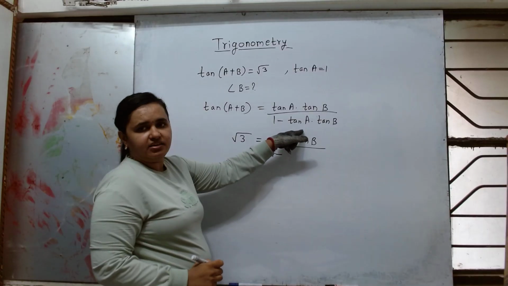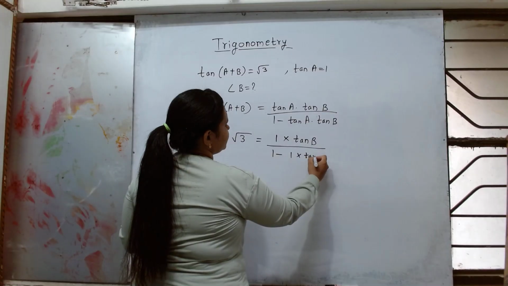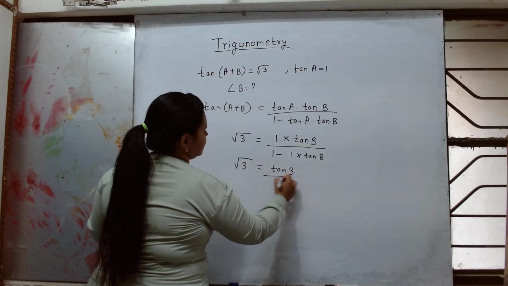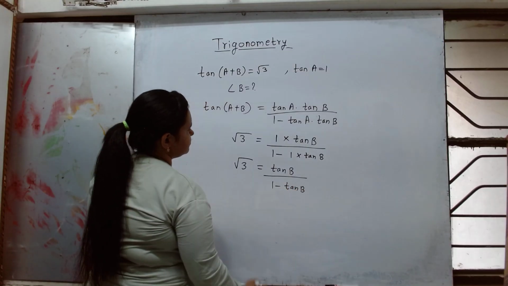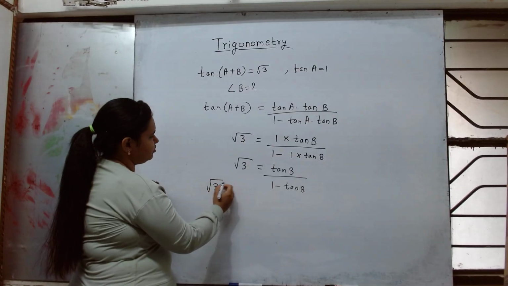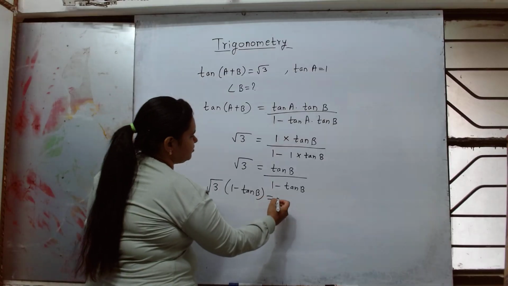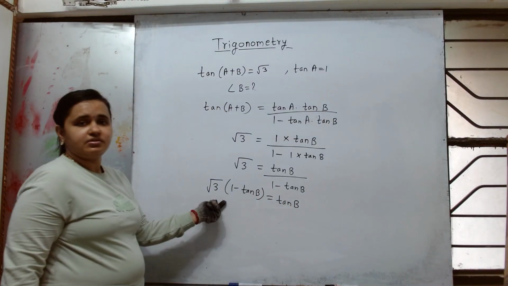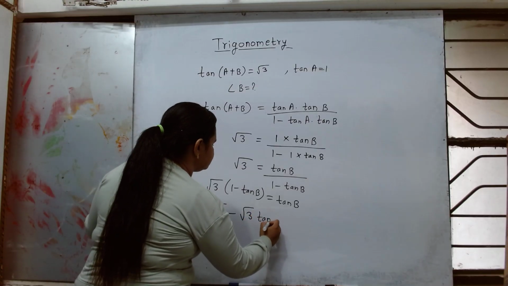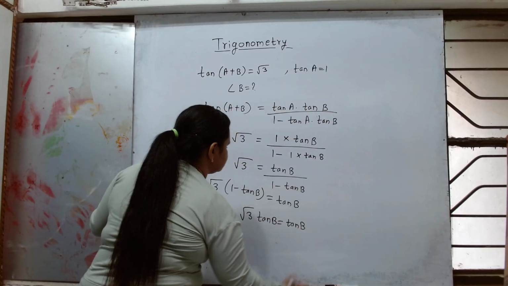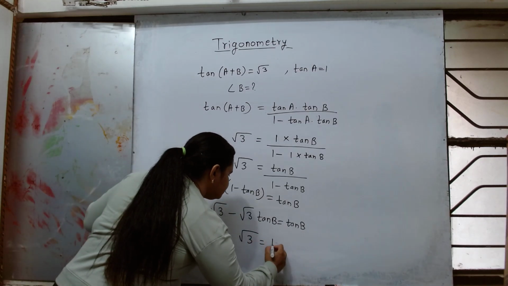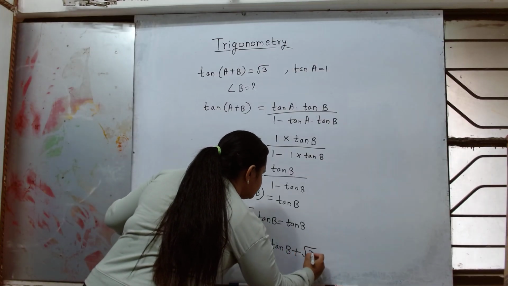So root 3 is equal to tan B upon 1 minus tan B. Multiply 1 minus tan B to this side: root 3 into 1 minus tan B equals tan B. Multiply root 3 inside the bracket: root 3 minus root 3 tan B is equal to tan B. Now take root 3 tan B to this side: root 3 is equal to tan B plus root 3 tan B.